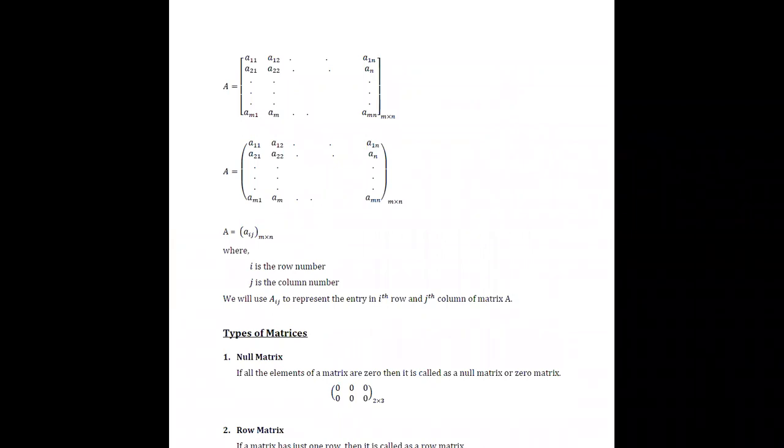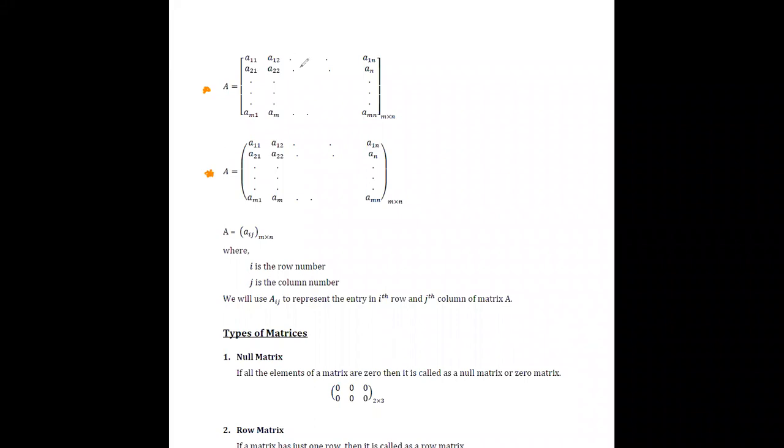Moving further on these notations, this is another notation that we can use to denote a matrix. Here I will take only one instance of these two, because in the first one a box bracket is used, and here parentheses are used.